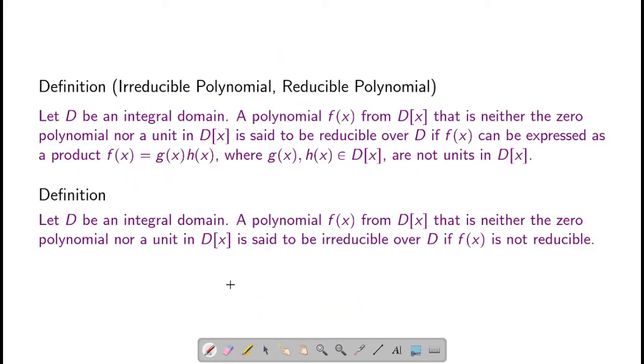Now we define irreducible and reducible polynomials in D[x]. Suppose D is an integral domain and f(x) is a polynomial over D which is non-zero and which is not a unit in D[x], then we say that f(x) is reducible if we can write f(x) as some g(x) times h(x), where both g(x) and h(x) are non-units.